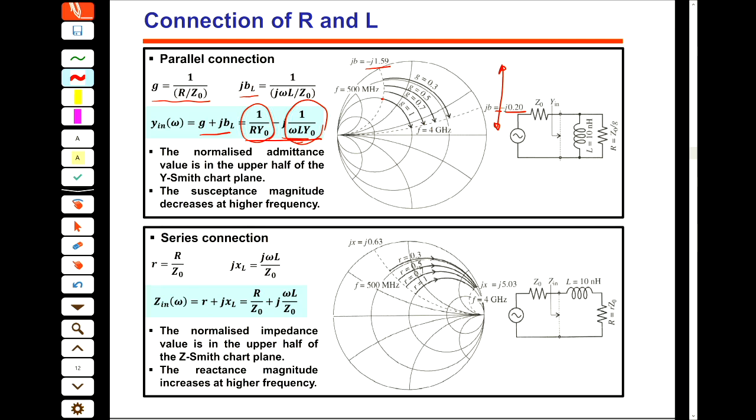But it is always in the upper half, independent of the frequency. It's also written in the script that the upper half shows the inductive reactance, because the upper half is the negative susceptance.